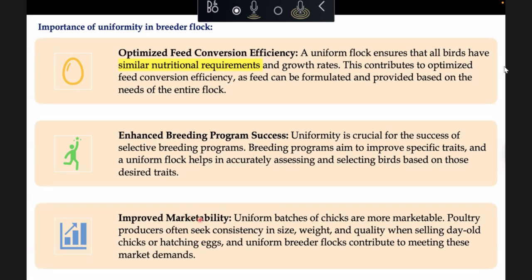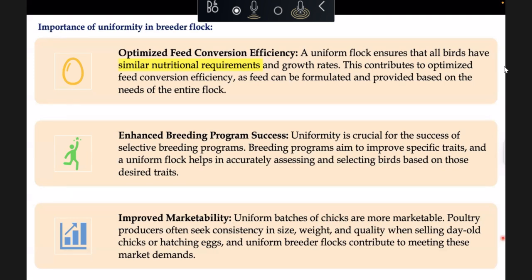And lastly, the improved marketability. So we have already mentioned that if the flocks are uniform, there will be production of similar sized eggs, and those similar sized eggs are supposed to give chicks with similar weight, right? So those chicks with similar weight are called uniform chicks.